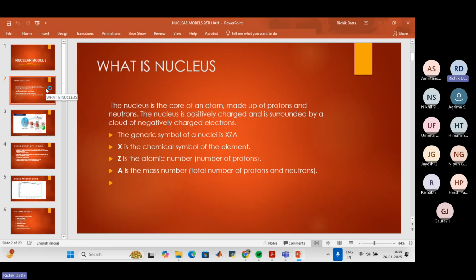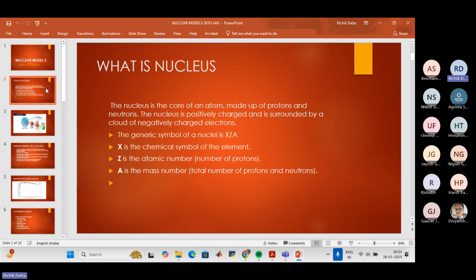Okay, so before getting into the nuclear model part, we have to know what a nucleus is. Everyone knows this, because it is very elementary, class 10 level. The nucleus is the core of an atom, made up of protons and neutrons. Proton is positively charged and neutron is neutral.